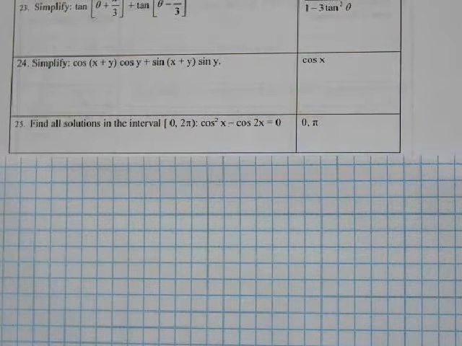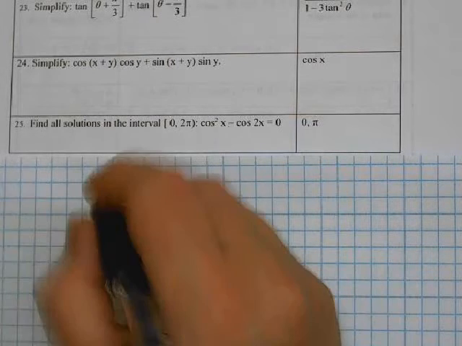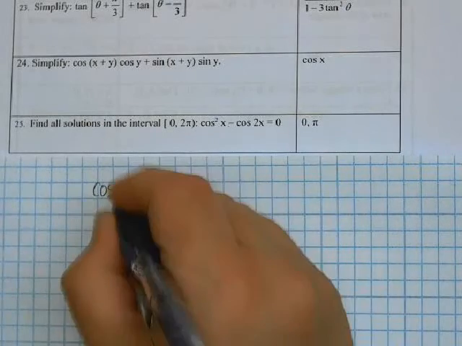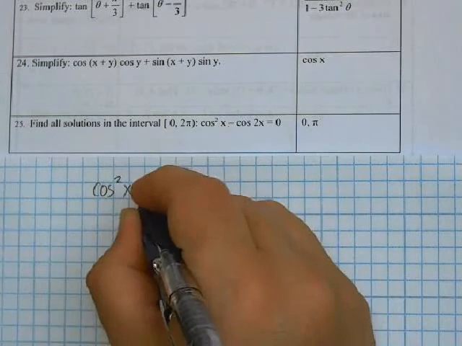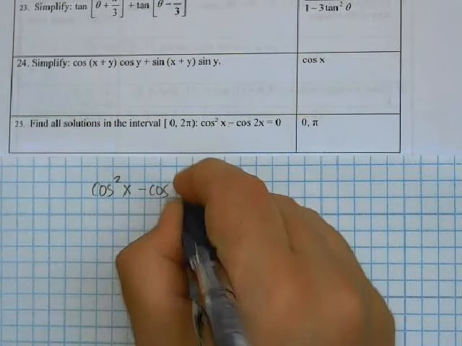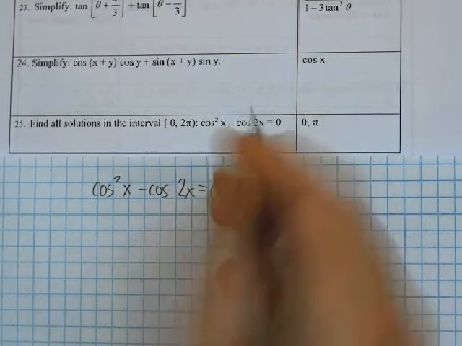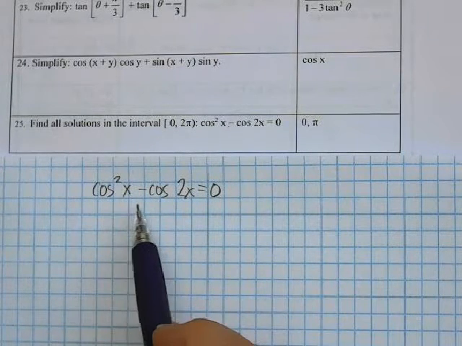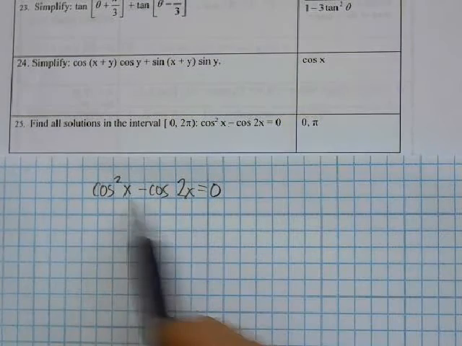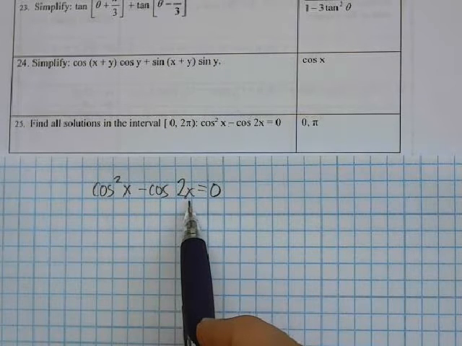Okay, 25. Find all solutions in the interval 0 to 2 pi of cosine squared x minus cosine 2x. So with a problem like this, we can't factor, because this is a cosine x and this is a cosine of 2x.